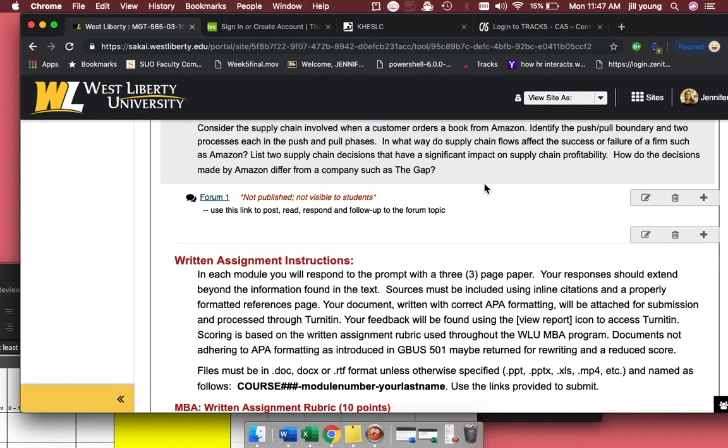So you'll need to do research outside of the course. Obviously, you'll have to do some research on both of these companies. Whenever you have a discussion post that requires research, I do want the sources cited in APA format. We use APA in this course.